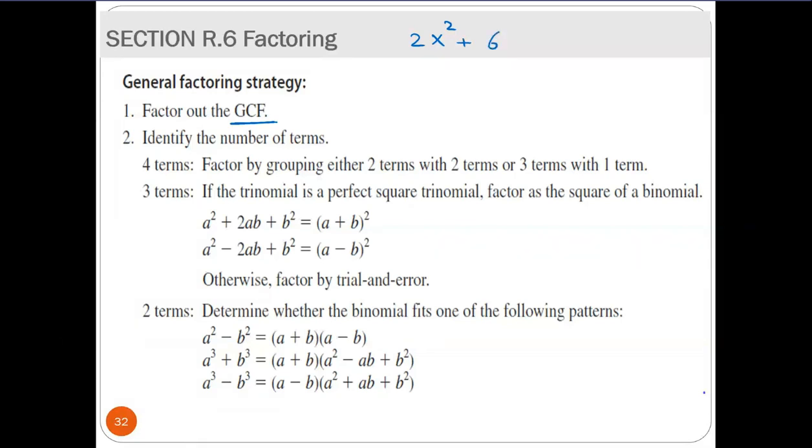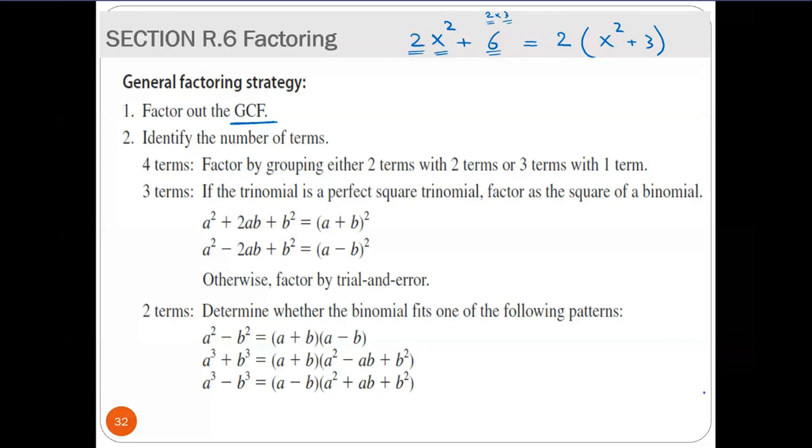Here we can put it this polynomial as 2 multiplied by x squared plus 3. Why? We have here 2 and from 6 equal 2 multiply 3, so we can take 2. So greatest common factor here the number 2 and the rest المتبقي x squared and 3.